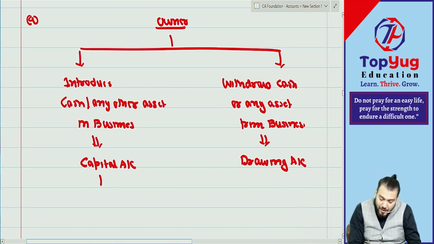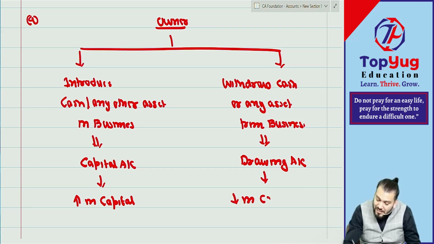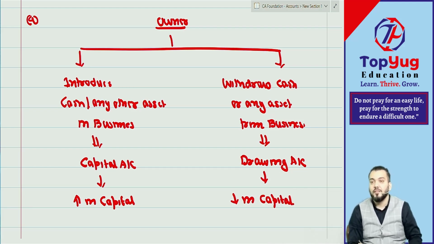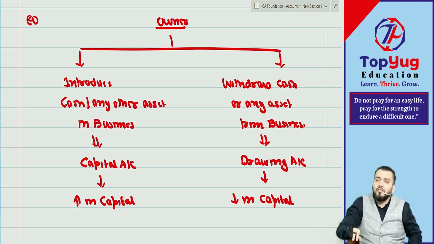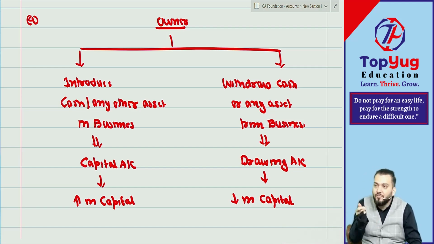When I say capital account, it is increase in capital. When I am saying drawing account, it is decreasing capital. But for withdrawal, we always use the drawing account. These are special terms given, therefore we need to use that only. For withdrawal, we will not use capital account.